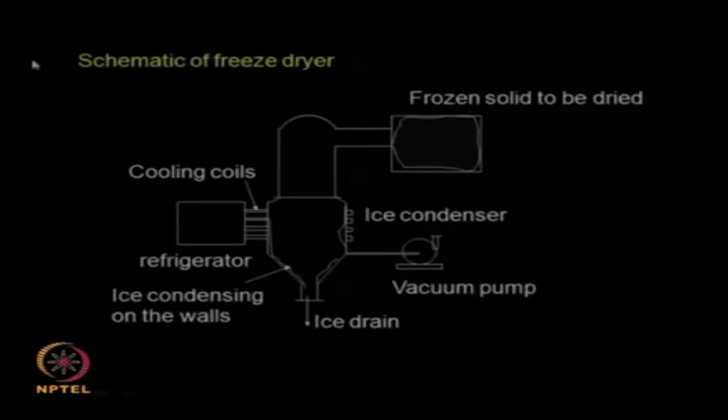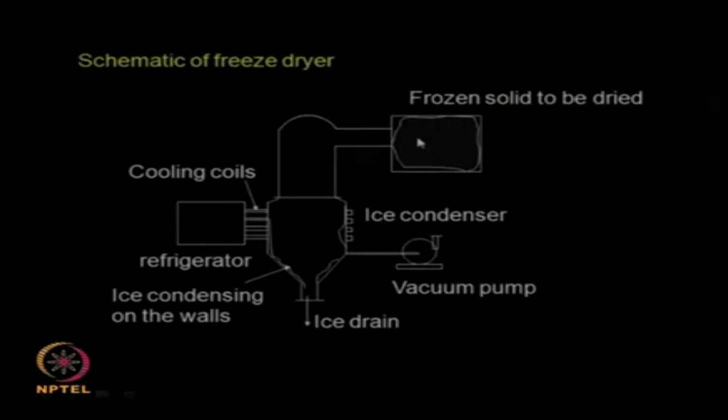So let us look at a schematic of a freeze dryer, how it looks. This is a freeze dryer, a large scale industrial freeze dryer. So we have a frozen solid in a big container that needs to be dried. The solid is frozen, ice is formed, that is, water has become ice. Then you have a refrigeration system here, you have a vacuum pump here.